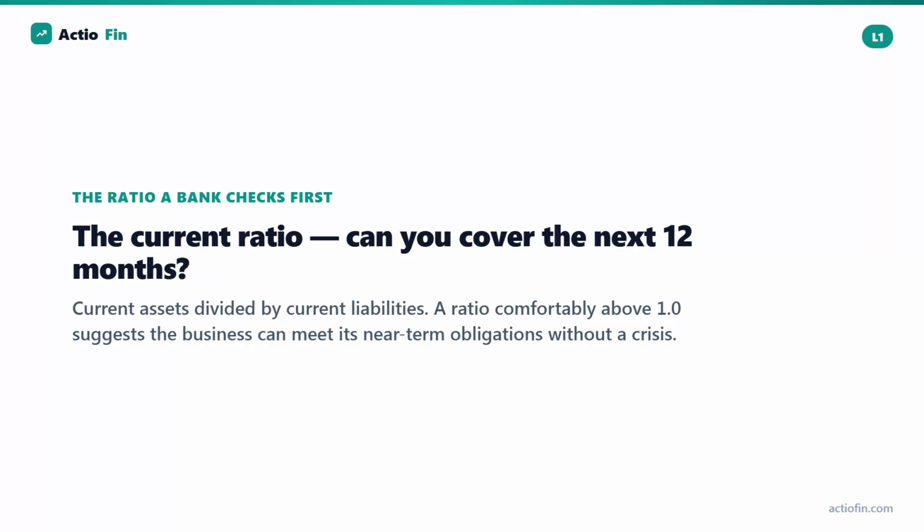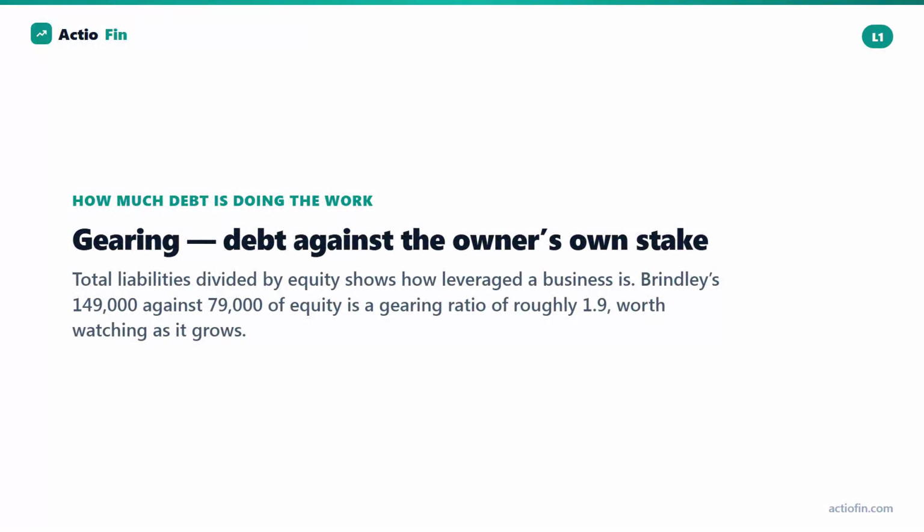A bank reviewing a loan application checks this ratio almost automatically, because a figure comfortably above 1 signals genuine short-term resilience. A second useful ratio compares liabilities directly against equity, often called gearing. Brindley's total liabilities of £149,000 against equity of £79,000 gives a gearing ratio of roughly 1.9. Meaning the business currently carries almost twice as much external funding as the owner's own stake.